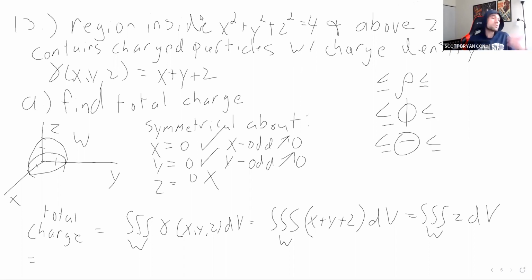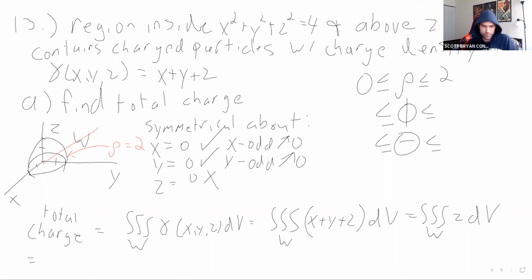So bounds for rho. So the origin's in there, so we're bounded below by 0. Remember, start your line at the origin, intersect it with your figure. Origin's in there, bounded below by rho equals 0. And the outer boundary we hit is the surface of the sphere. And that is, of course, rho equals 2. So rho goes from 0 to 2.